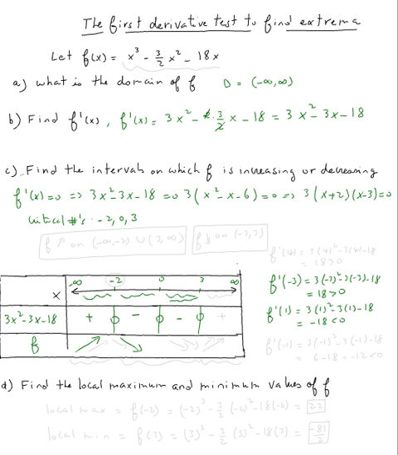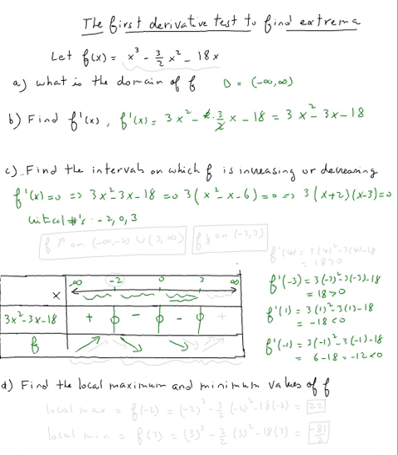So this is negative and this is decreasing, but let's plug in negative 1. So f prime of negative 1 is equal to 3 times negative 1 squared minus 3 times negative 1 minus 18, which is 3 plus 3, 6, minus 18, which is negative 12. Okay, it's also less than 0, so it's decreasing.